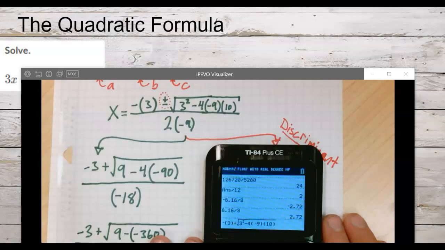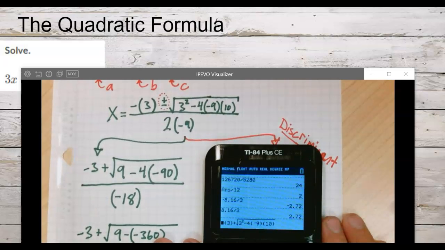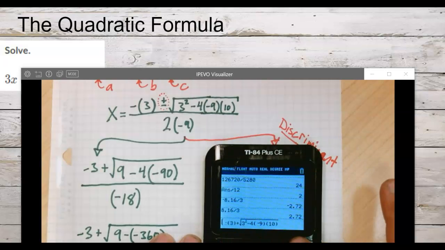So in front, and guys, this is a feature it took me too long to start using. Second insert will bump everything else to the side. And what I really like about the TI-84 is the parentheses change sizes. So I can see my bigger parentheses are grouping the numerator.